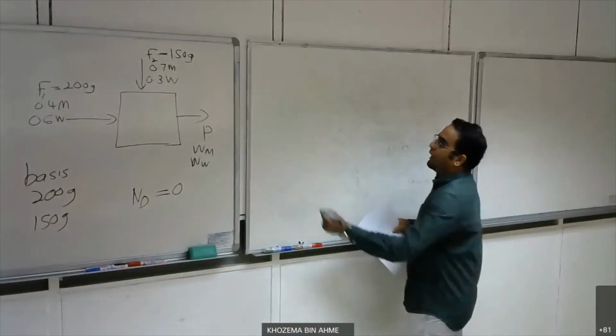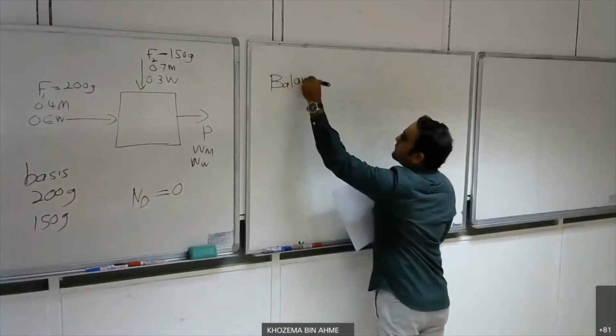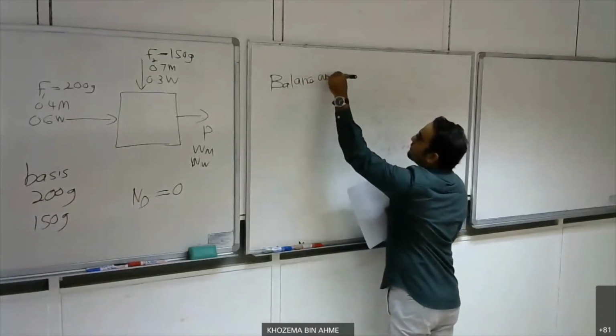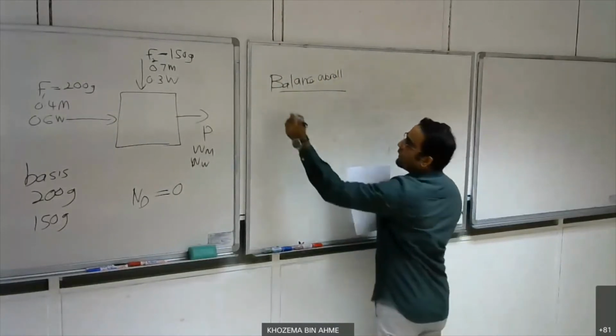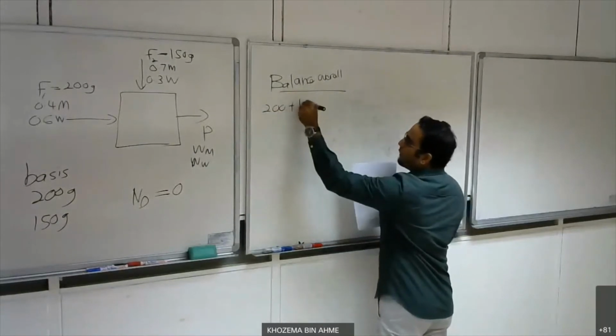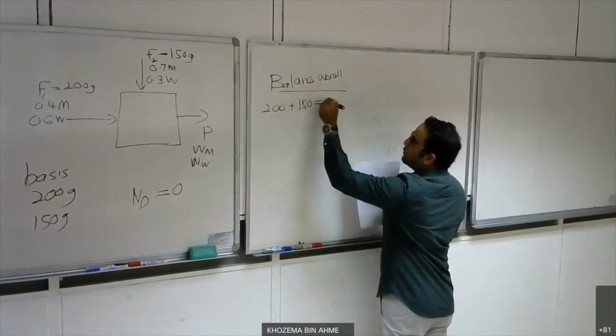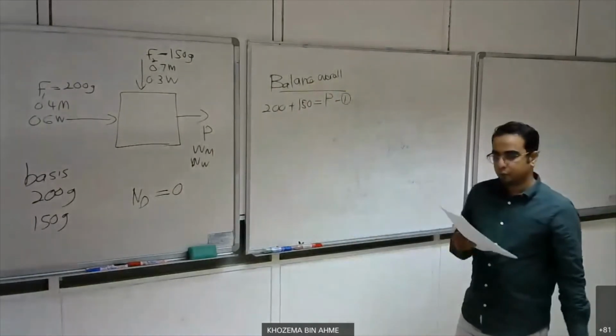So I start with writing my equation. I start with balance overall. Balance overall meaning that 200 plus 150 is equal to P. This is my first equation.